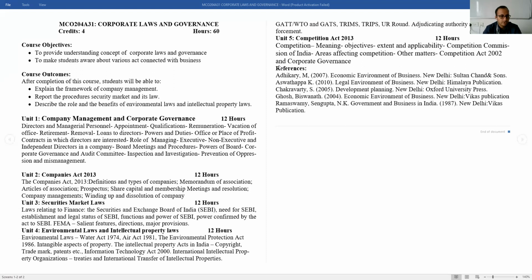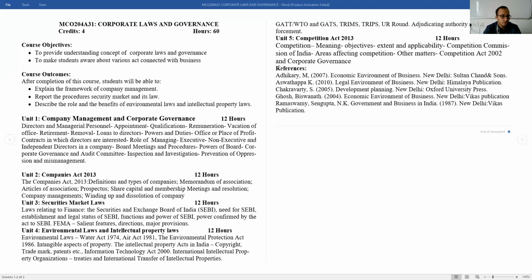After completion of the course, we are expected to gain some knowledge about the company framework and the management, then how the organization is required to report, and how they should manage the business so as to comply with the rules of the land.